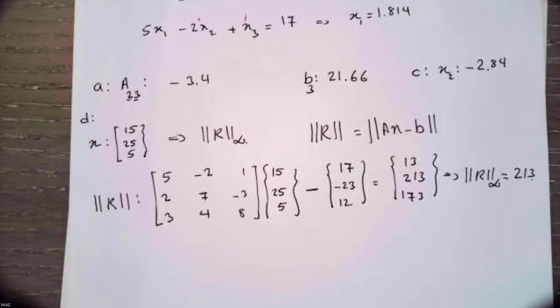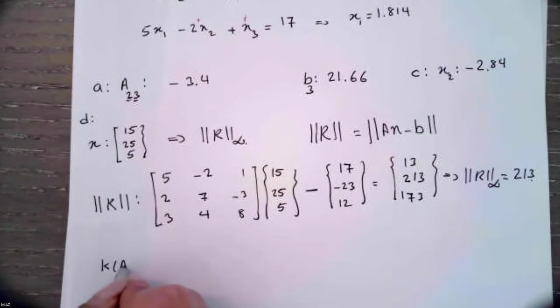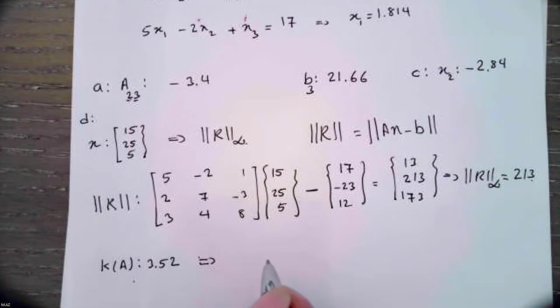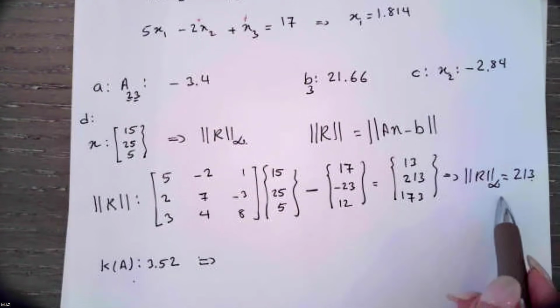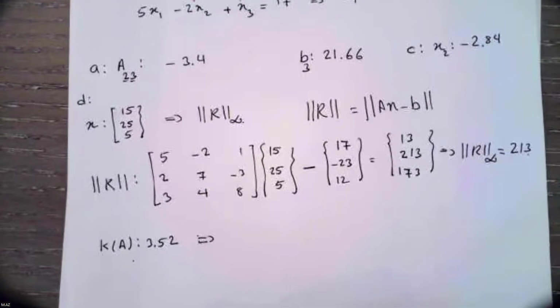For the next part, the conditioning number for this system is given as 3.52. Also it is mentioned, combined with the norm of the residual that we calculated from part D, we have to answer this question.